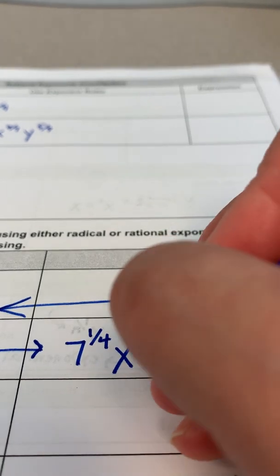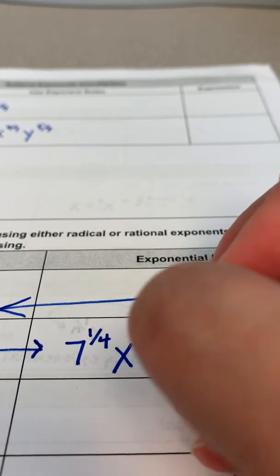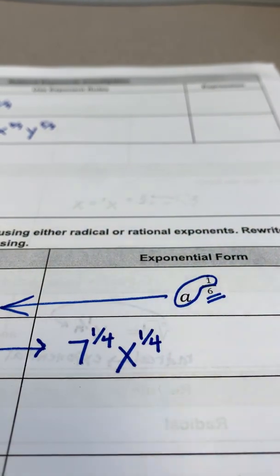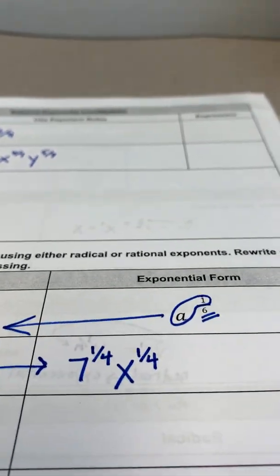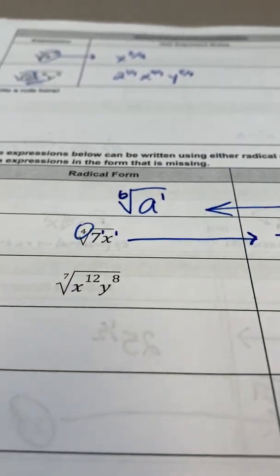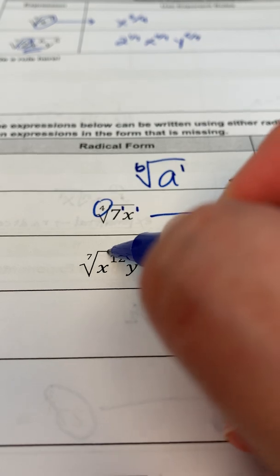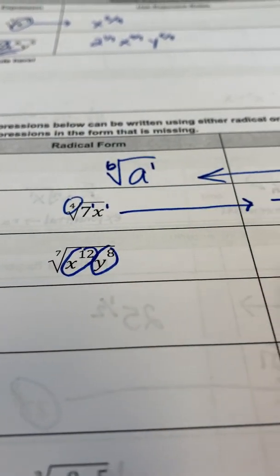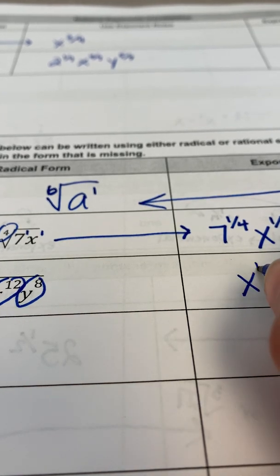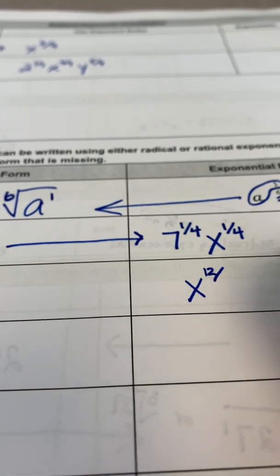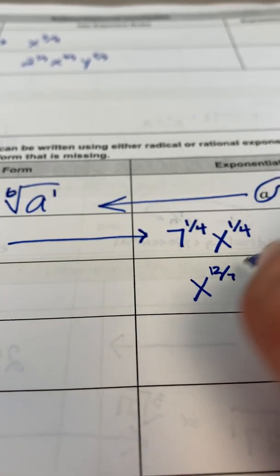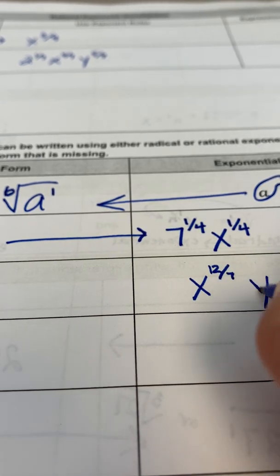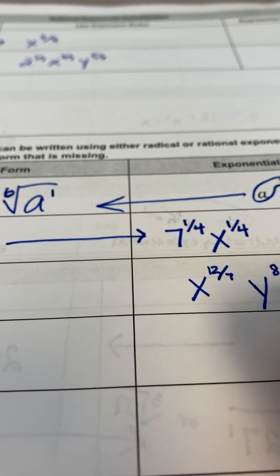The x has the first power, and then I make it over 4. And that's it. That's all we're doing. Variables. They already have the exponent, so we're going to leave them alone. So I write x to the 12 over 7 and y to the 8 over 7.